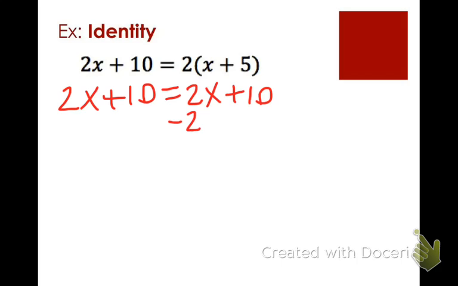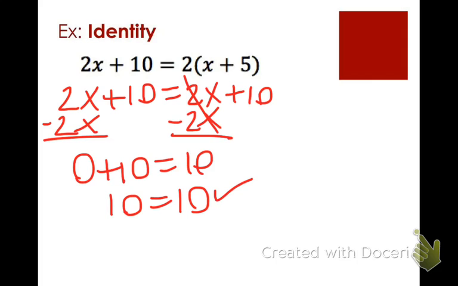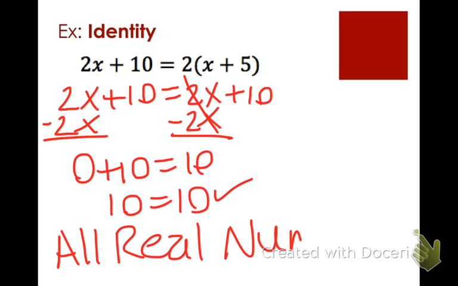So if that's the case, let's see what happens. Well, 2x minus 2x on this side is also just 0. And that's the same thing as 10. And 10 does equal 10. So because it gives us a true statement, our answer is just going to be all real numbers.